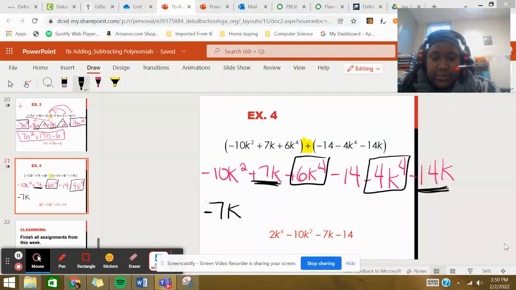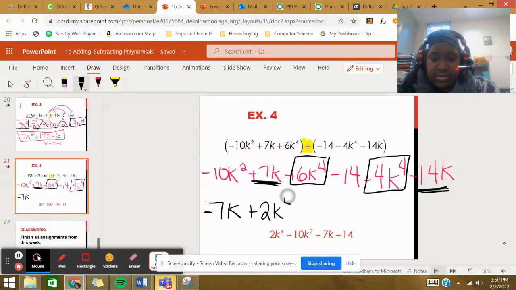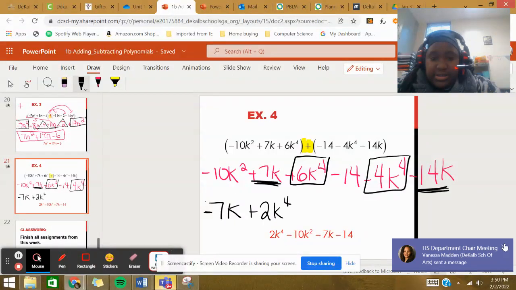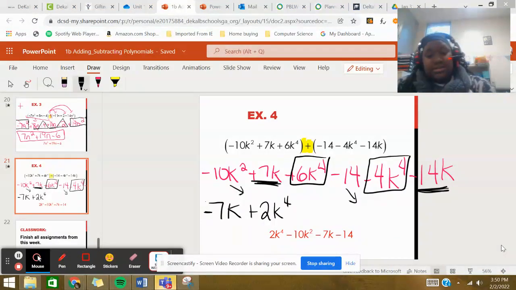So 6 minus 4 is going to give me a plus 2k to the fourth. All right, and everything else, I'm just bringing down. So I'm bringing this negative 10k squared down, and I'm bringing the negative 14 down because I didn't do anything with it.